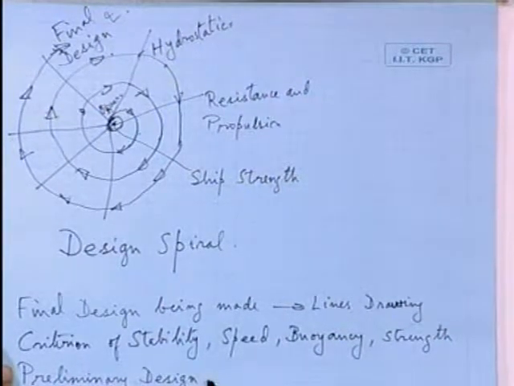So now the preliminary design stage is over, and now one can draw the lines. So this is the genesis of the lines plan drawing and how it comes from the ship design, encompassing all the shipyard capacities etc.